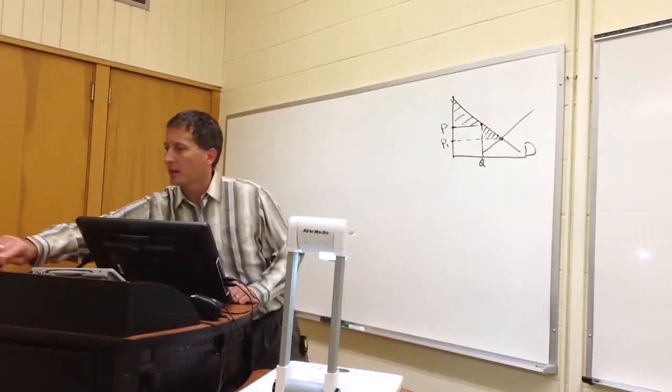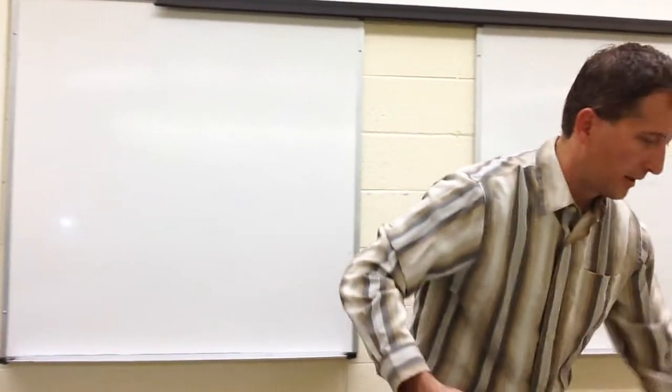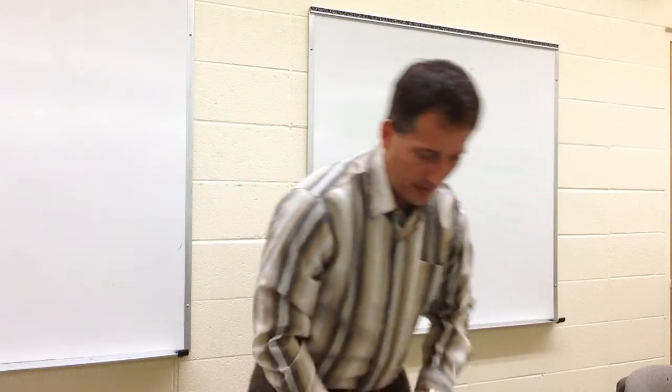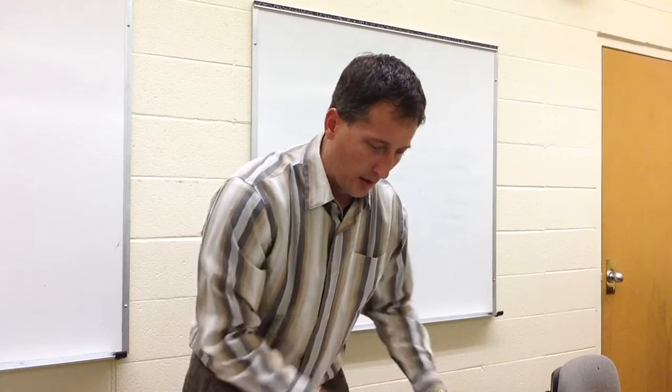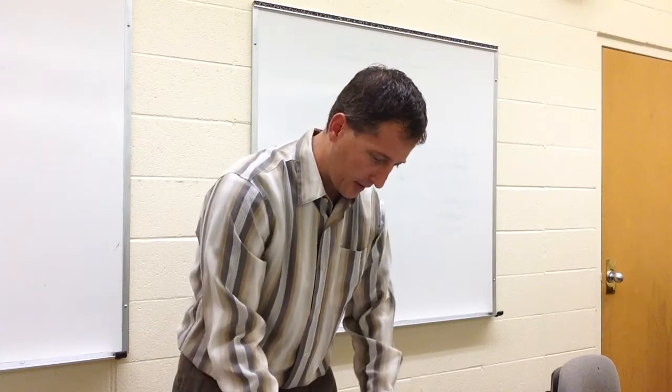So we're doing imperfect competition. And we recapped more or less what we learned in principles class on monopoly. And now we're going to start with a little familiar territory, and then we'll get into some uncharted territory.